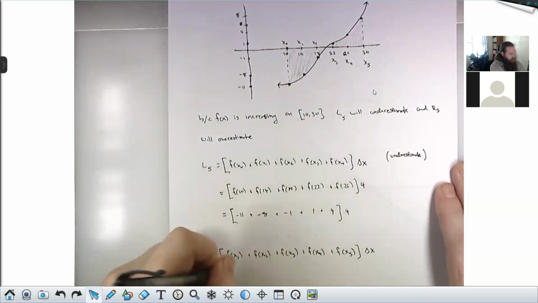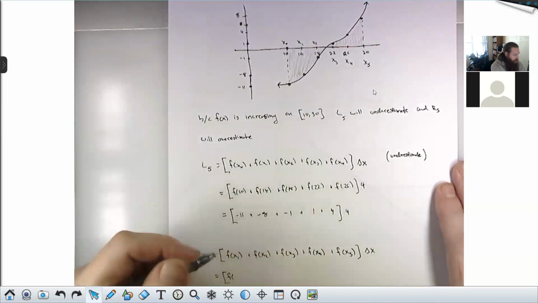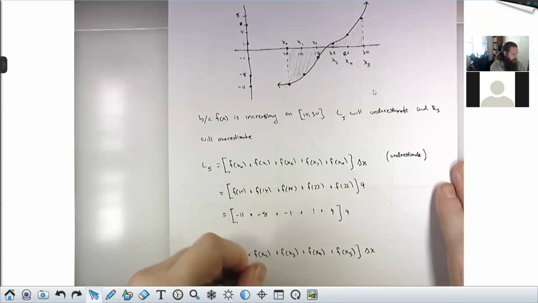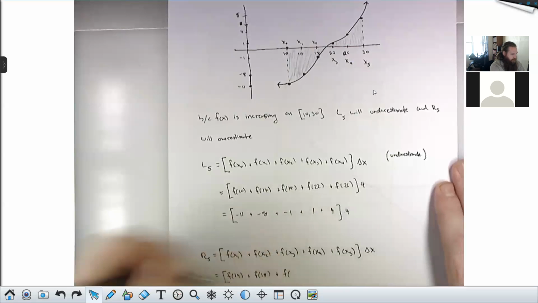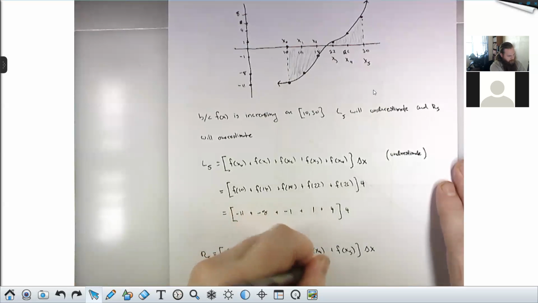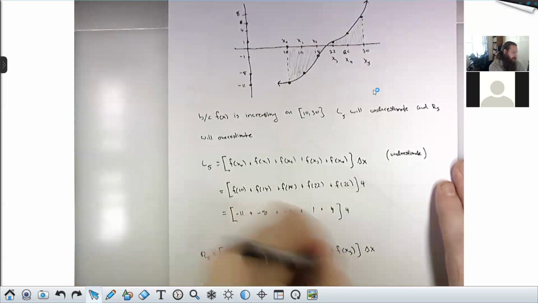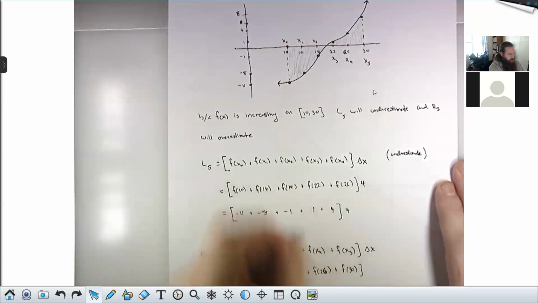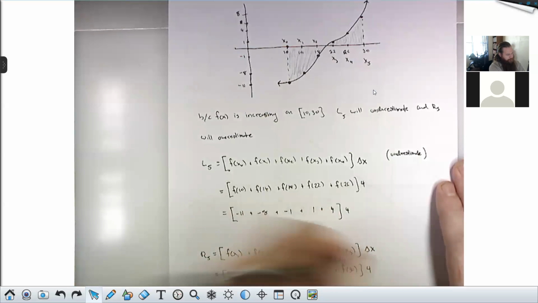And that would be f of x1 is 14, plus f of x2 is 18, and then f of x3 is 22, and then f of 26, and then f of 30. And then delta x here was 4 again.